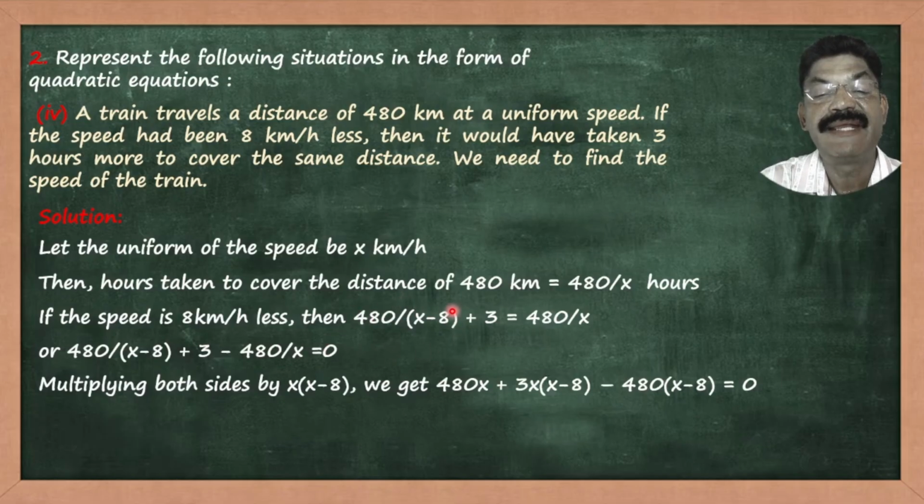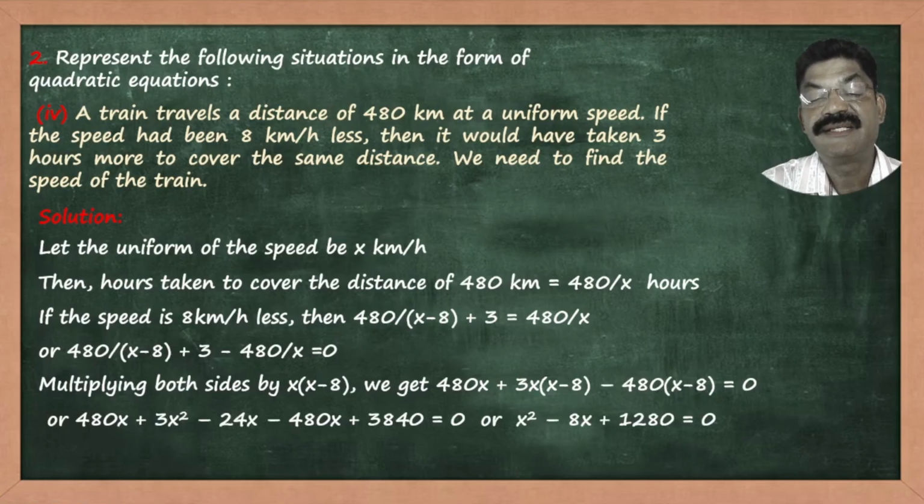It is the time taken after reduction of speed. But it takes 3 hours more. Therefore, 480 divided by x minus 8 plus 3 is equal to 480 divided by x. Okay. Now, after simplification, we get x square minus 8x plus 1280 is equal to 0.